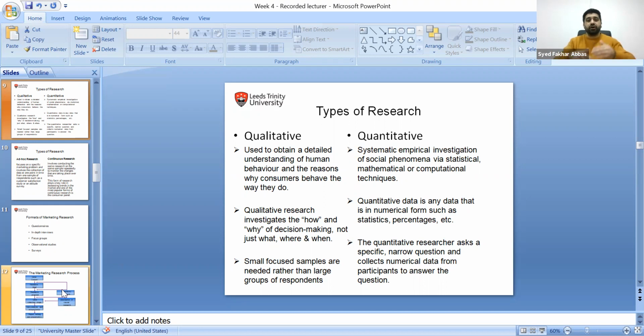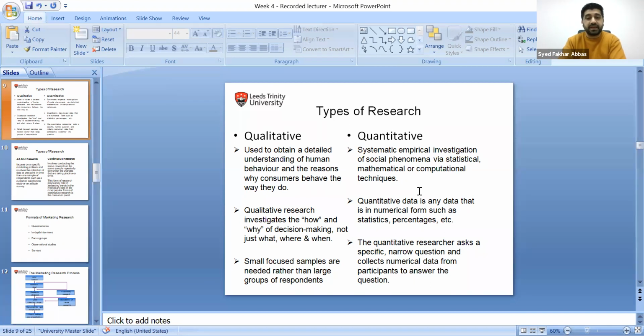Basically, qualitative is all about human behavior. So what they are basically thinking, what type of product or service they want to have. Qualitative research investigates how and why of decision making, not just what, where, and when.